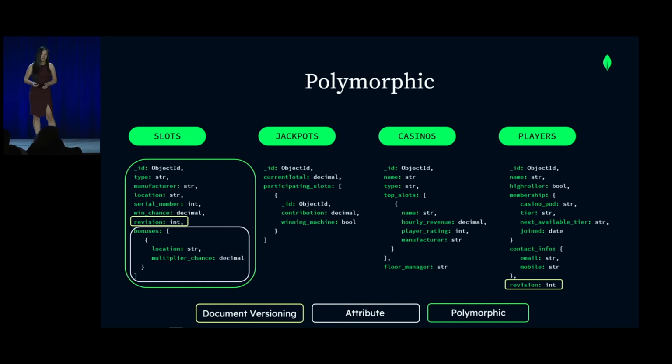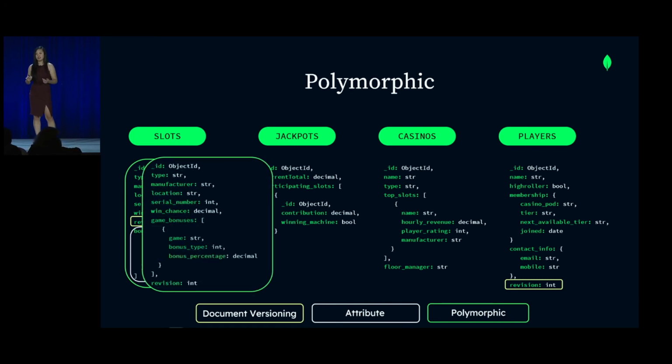But the polymorphic pattern states that we can also have an object like this. So let's say we have a different type of slot machine that has different types of bonuses. A Wheel of Fortune slot machine is going to have a different type of document to one of your 5-line type of slot machine, because a Wheel of Fortune has that spinning wheel at the top, right?